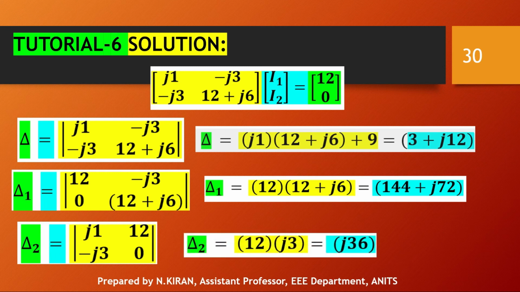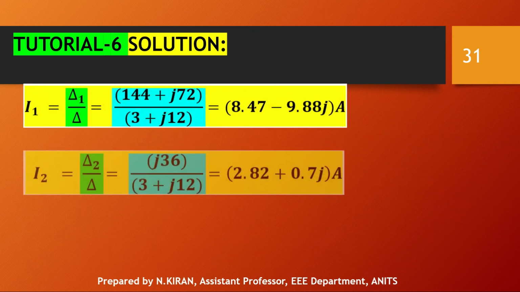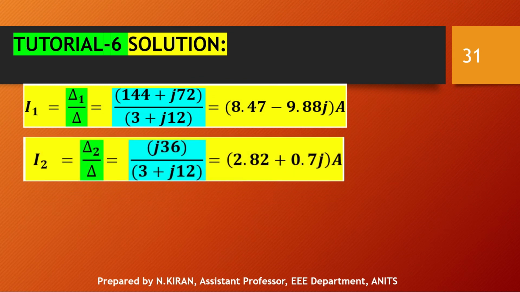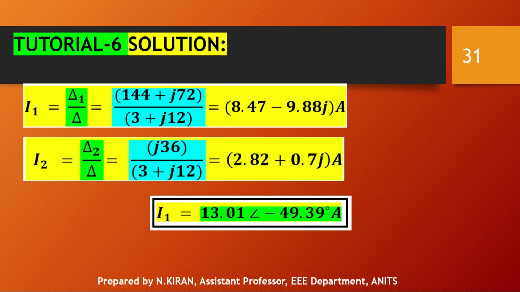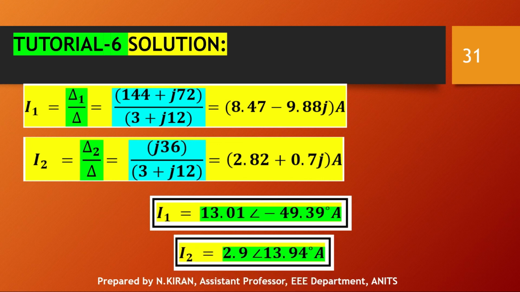After obtaining the values, I1 will be delta 1 by delta and I2 will be delta 2 by delta. After converting rectangular into polar form, I1 will be 13 at an angle minus 49.39 amps and I2 will be 2.9 at an angle 13.94 amps.